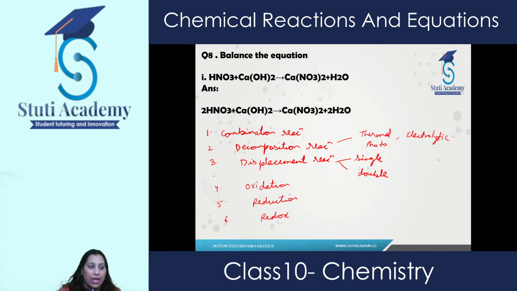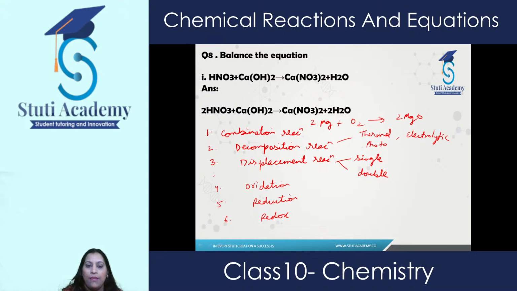So that kind of reaction is known as combination reaction. For example, Mg, that's magnesium, when it comes in contact with oxygen, it forms 2MgO, which is magnesium oxide. So it's a combination reaction, right?